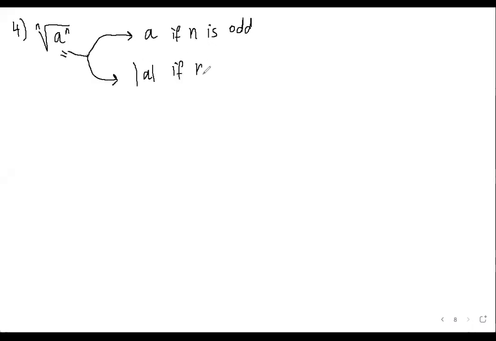It says if I have the nth root of a to the power n, this is equal to a if n is odd, and equal to the absolute value of a if n is even.